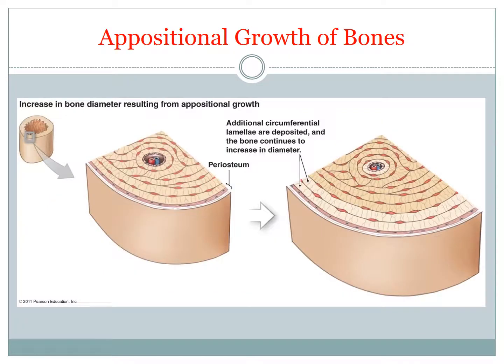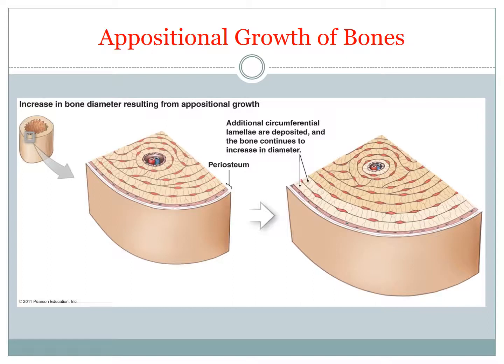Now, appositional growth is growth that occurs in width or diameter. In this case, osteoprogenitor cells beneath the periosteum differentiate into osteoblasts and form new osteons on the external surface of the bone.